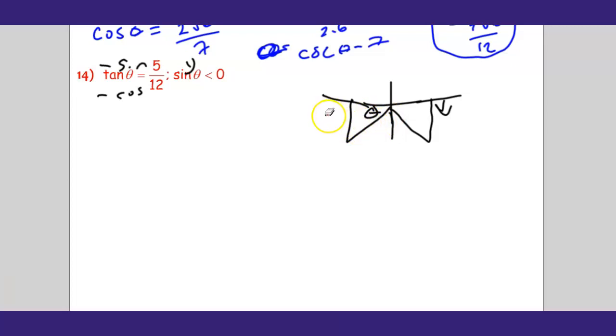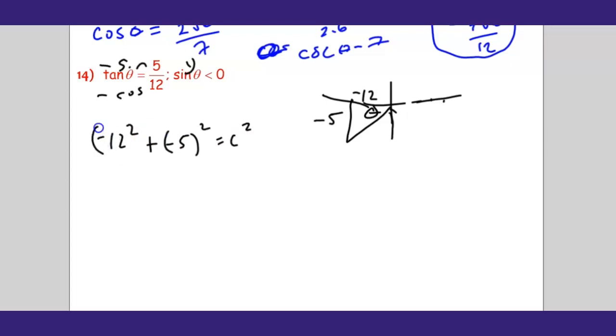So we have negative 5 because this goes down, negative 12. We have to find the hypotenuse. Negative 12 squared plus negative 5 squared equals c squared. We have to find the hypotenuse because that's y over x.